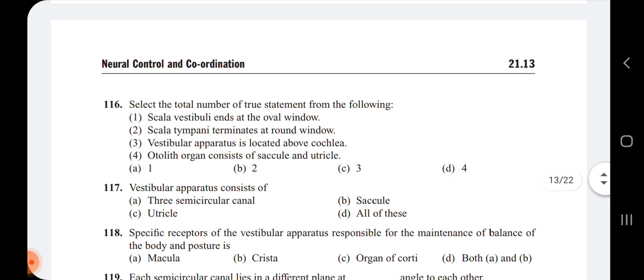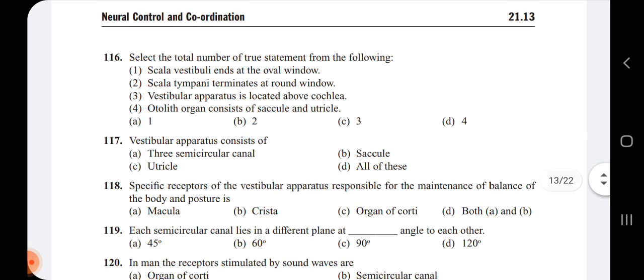Next question, 116. Select the total number of true statements from the following. Scala vestibuli ends at the oval window.